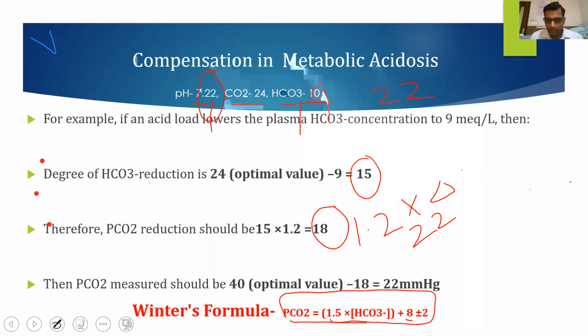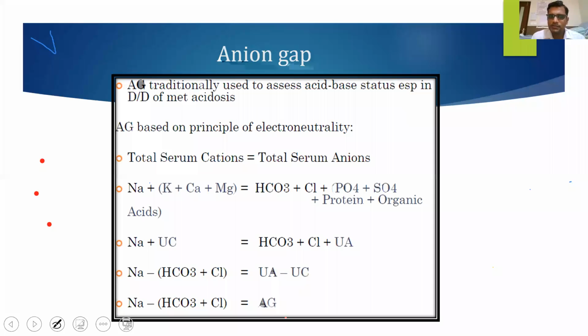Okay, now we'll just move to anion gap. So what is anion gap? It is basically a method used to assess the acid-base status in metabolic acidosis. It is based upon the principle of electroneutrality, and the anion gap is the unmeasured anions minus unmeasured cations.